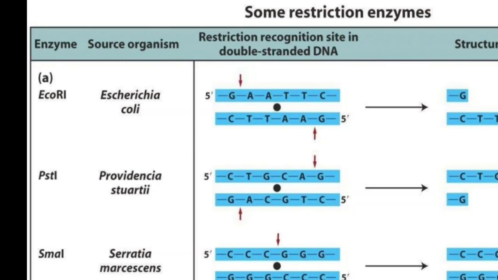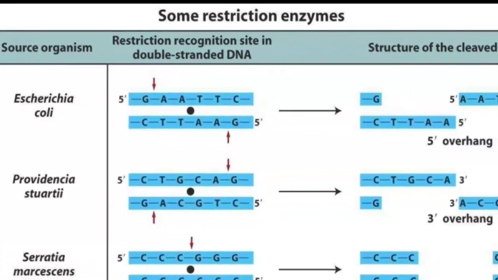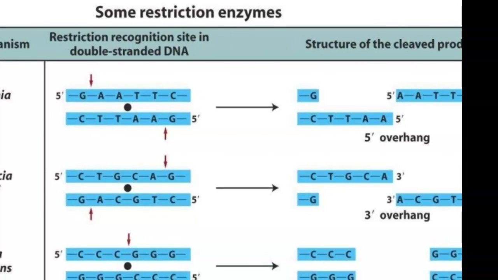The restriction recognition site in the double strand is GAATTC, and where it cuts, the cleaved portion, means from where this enzyme acts, has an overhang, G and AATTC, as you can find over here.